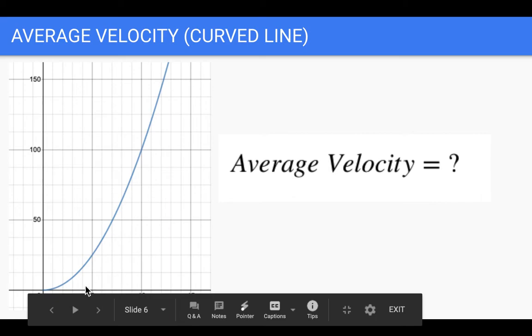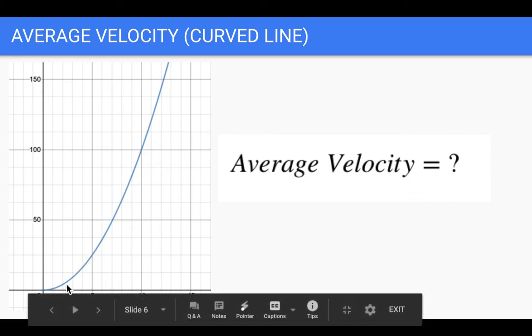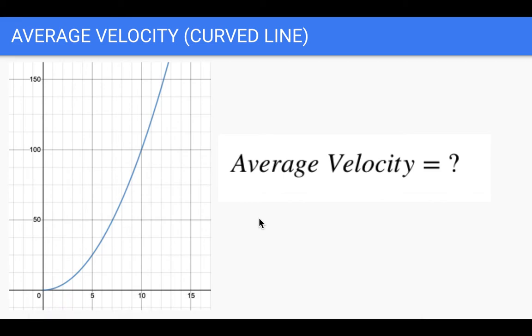But consider the skateboarder scenario on question 4 of problem set 3, where the skateboarder starts at position 0 and kicks furiously to accelerate and increase their velocity, so that after 10 seconds they're going much faster than at 0 seconds. In my trip to Boston, it was a constant velocity. I was going 60 miles an hour the whole time. But that's not true for this skateboarder, who starts out slow and then is going fast. So it's a lot trickier to figure out the average velocity.